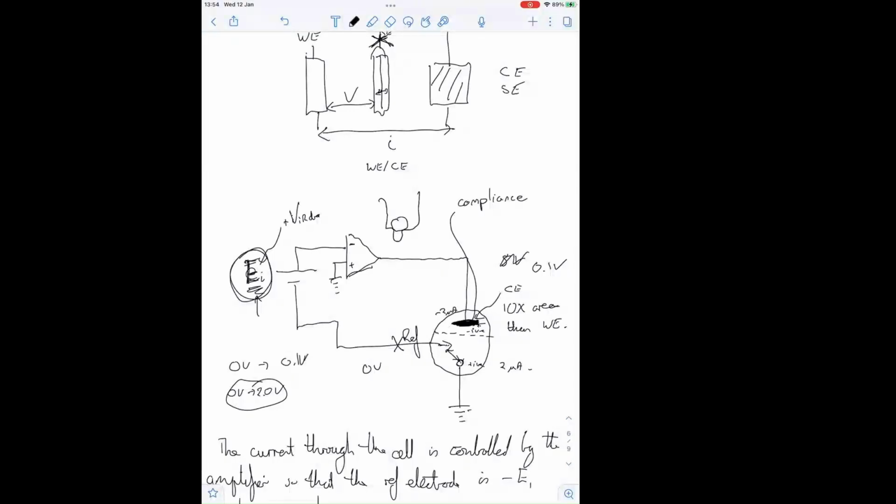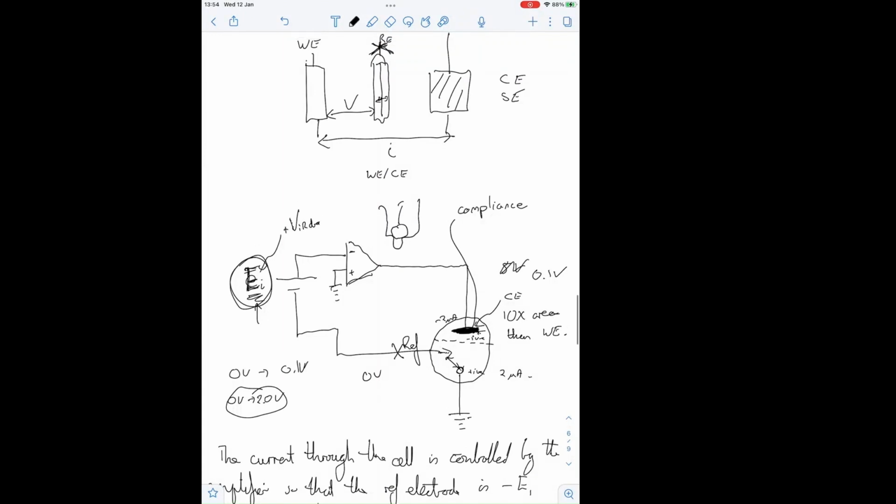You've got a break in the circuit, and your counter electrode is sitting at 100 volts, and it's got voltage overload because actually there's no voltage because of that bubble. Your supervisor's walked in, flicked the reference electrode, the bubble's floated up, put the reference electrode back, and your system's now working because you've got a complete circuit.